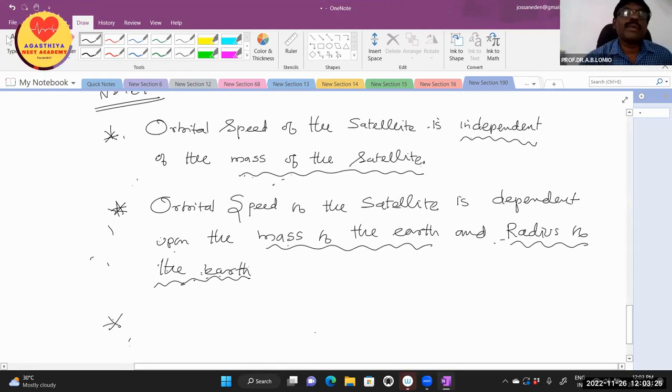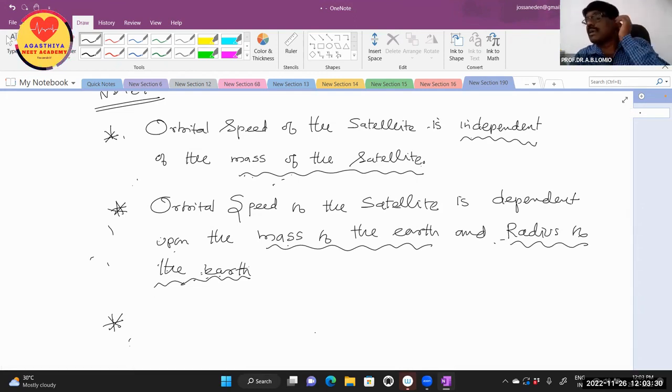The direction of orbital velocity will be tangential to the orbital path.